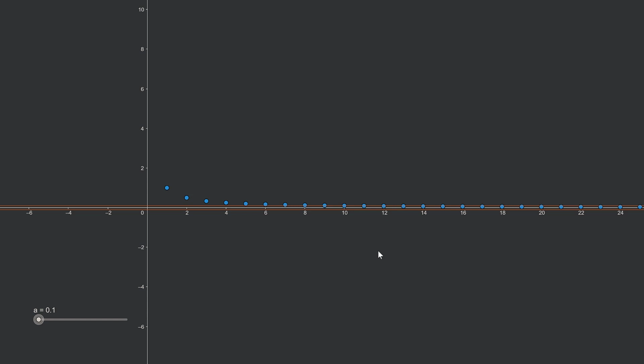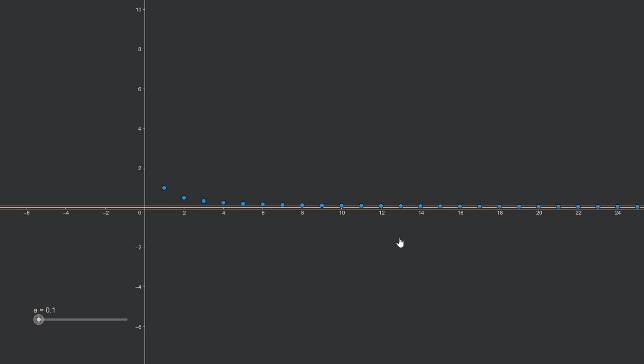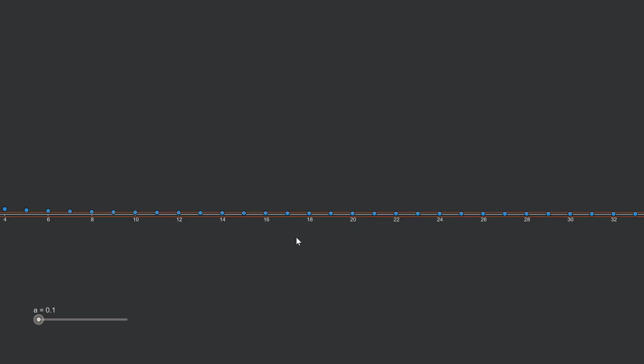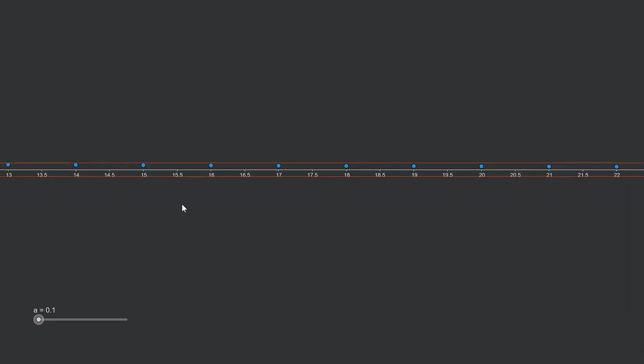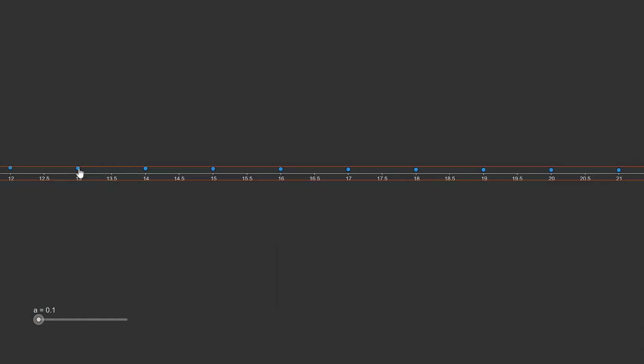That means, again, we have to find a specific member of the sequence such that all following members lie within the interval. Now we can have a look here by scrolling, and we see that around, let's say, the 13th member of the sequence, all following will lie inside of the interval. And we can continue this game, can make it even smaller.